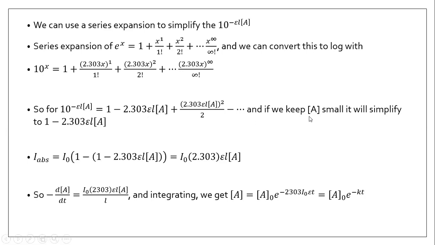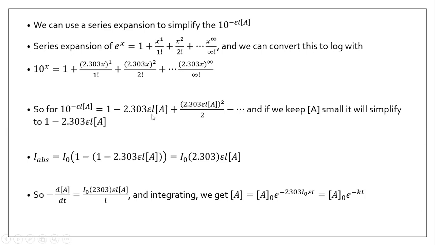And if we keep A small enough, it will simplify to essentially this. If we make sure that A is not going to overwhelm the detector, if A is a small enough concentration, the A squared term times epsilon times path length times 2.303 is a rounding error. But the first term we can't just ignore.